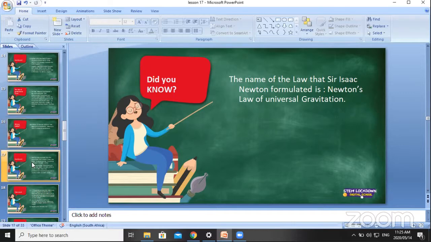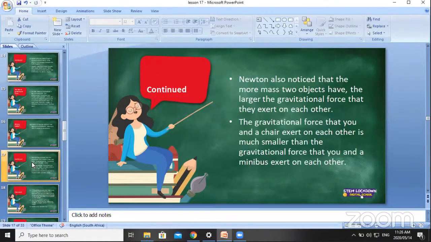So Newton also noticed that the more mass two objects have, the larger the gravitational force that they exert on each other. So the gravitational force that you and a chair exert on each other is much smaller than the gravitational force that you and a minibus exert on each other.